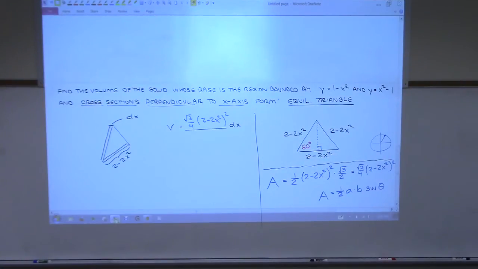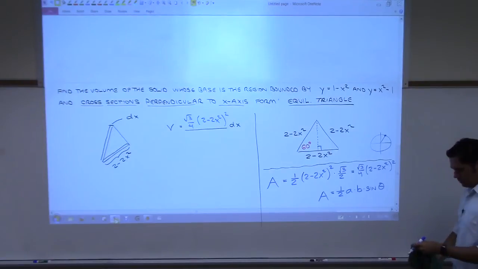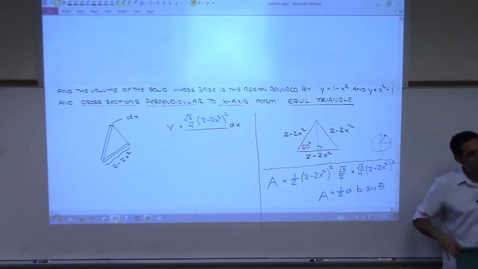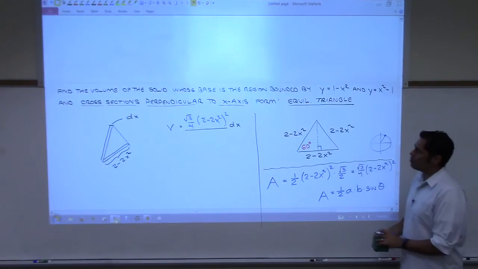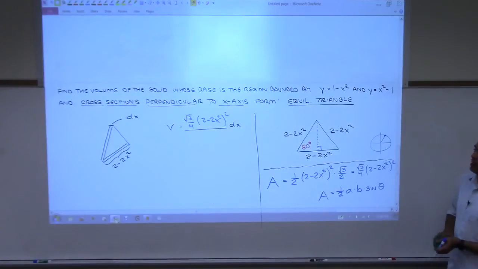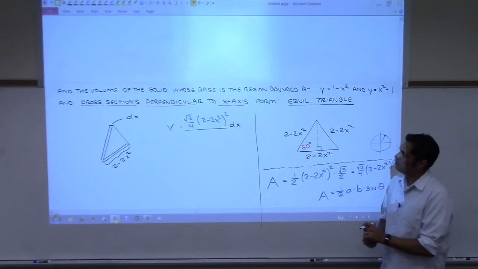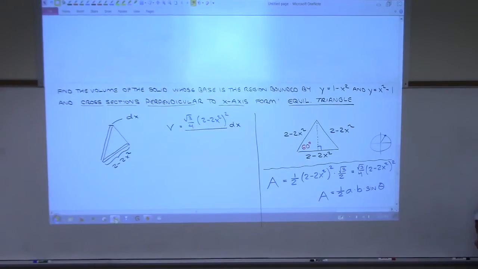For other triangles, if it's an equilateral triangle, would it always be root 3 over 4? Yes, for other equilateral triangles, it'll always be. All we would change would be the middle component, like the 2 minus 2x squared. That's the part that's going to vary.